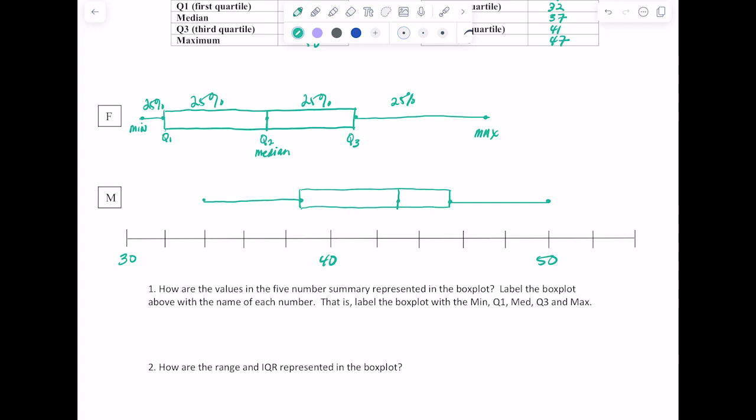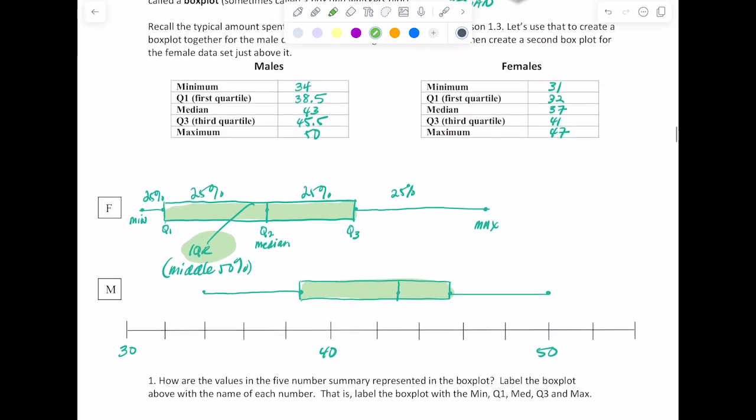Okay, and we also want to remember that we have our box here, which represents the IQR, and the IQR is the middle 50% of the data. If we compare the two IQRs, it appears that the females have a larger IQR than the males.